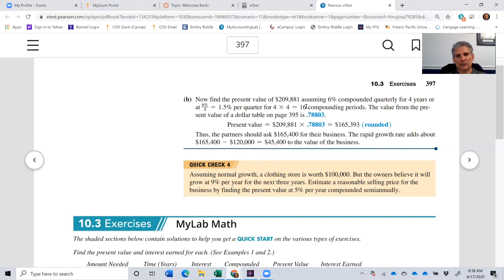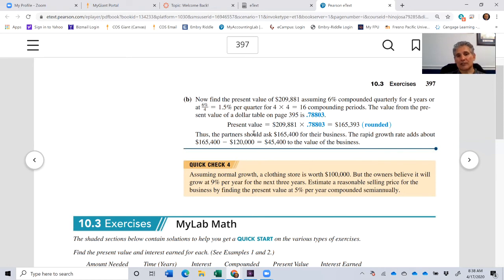So n equals 16, I equals 1.5. We'll look it up. N16, I 1.5. You will get a factor of 0.78803.